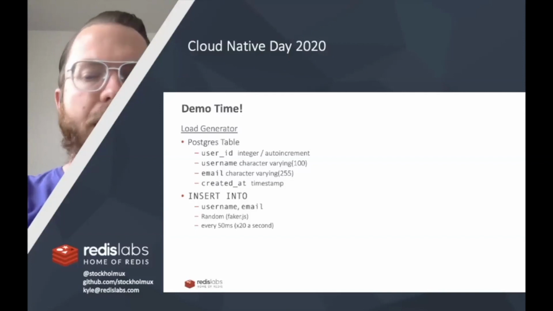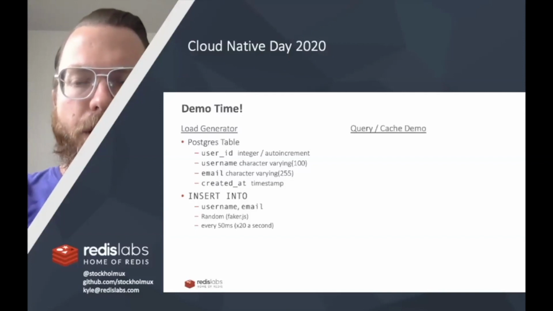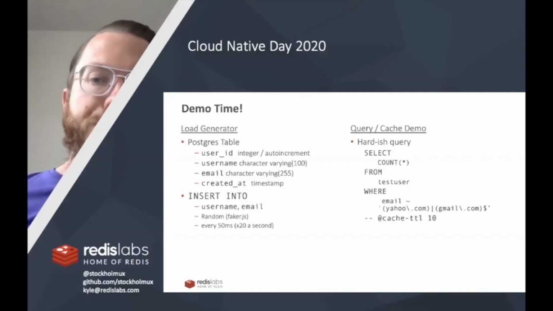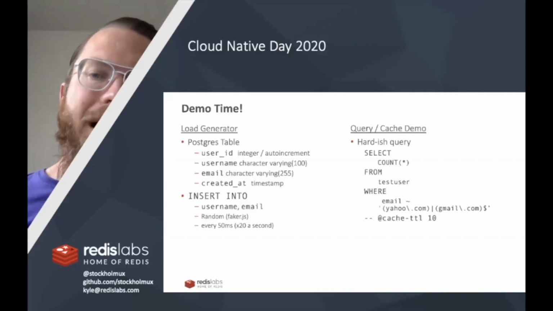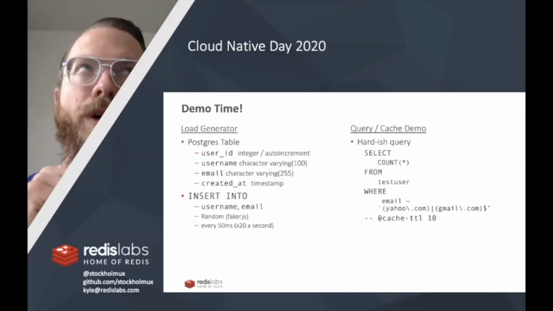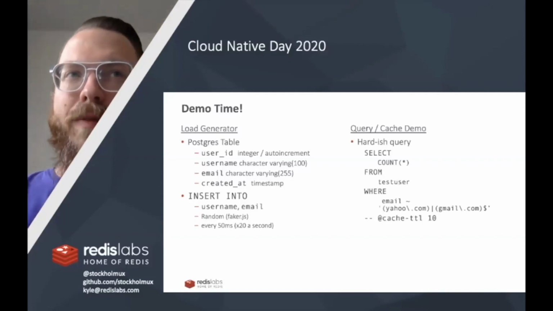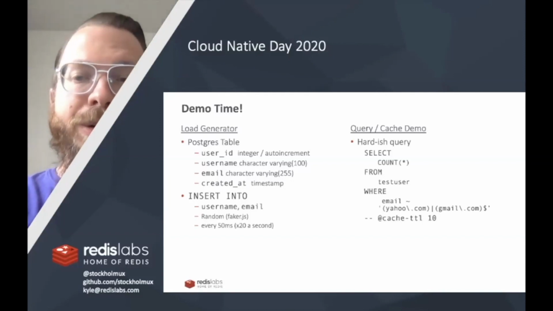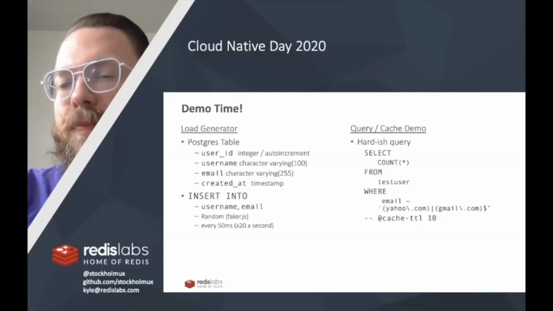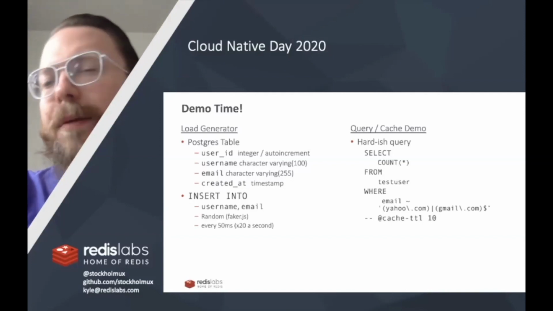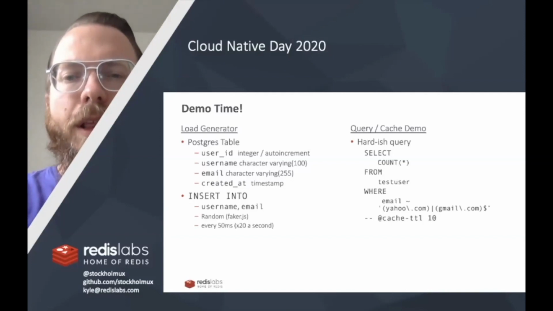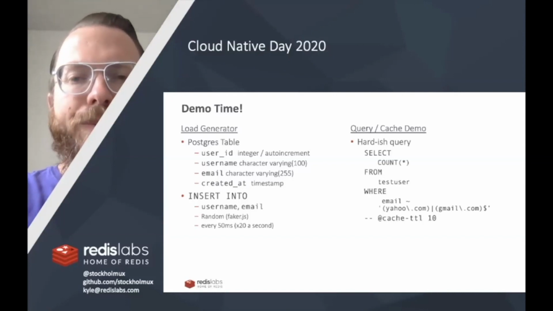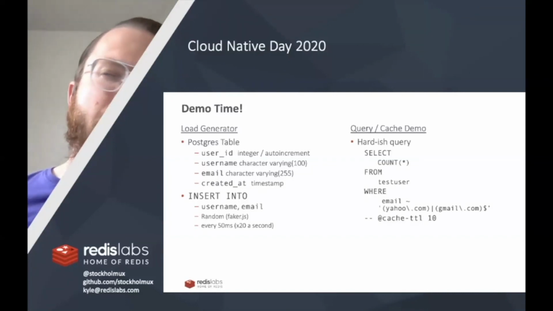The other thing I'm running is the demo itself. That has a hard query. I'm doing a relatively unusual thing. I'm counting the number of users in a table with a given regular expression pattern. In this case, I'm looking for Yahoo or .com or Gmail emails that I'm getting randomly, right? Then I'm saying to cache it for 10 seconds. This is actually something that is kind of hard to do.